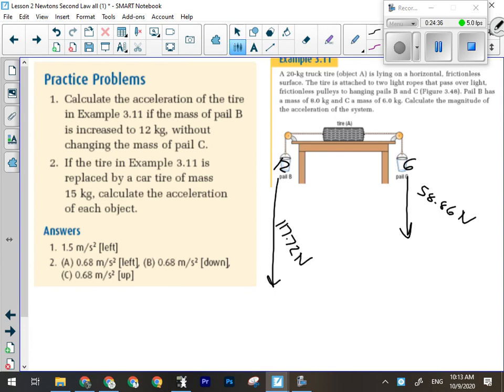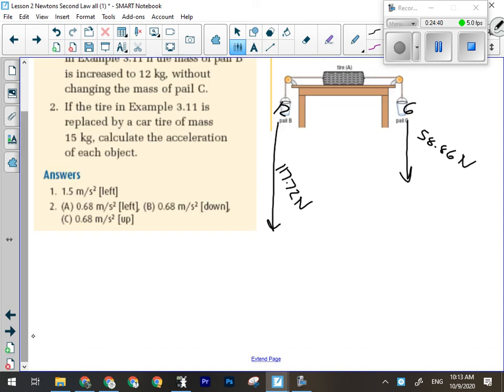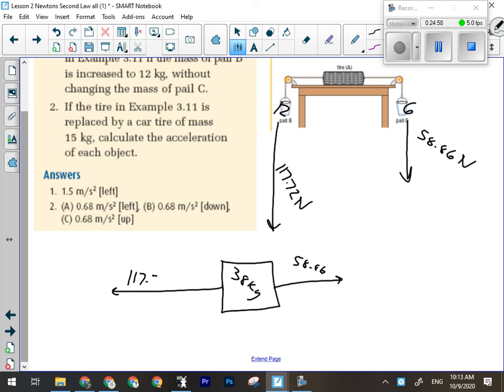Now everything else works similar to how we did the last question. We're going to have 18 plus 20, which is 38 kilograms for our total mass instead of 34. And we're going to have 58.86 newtons going that way, and 117.72 newtons going this way.